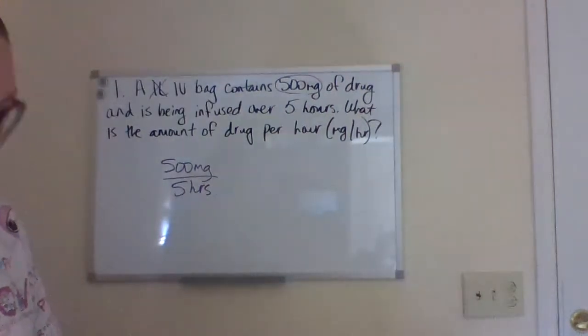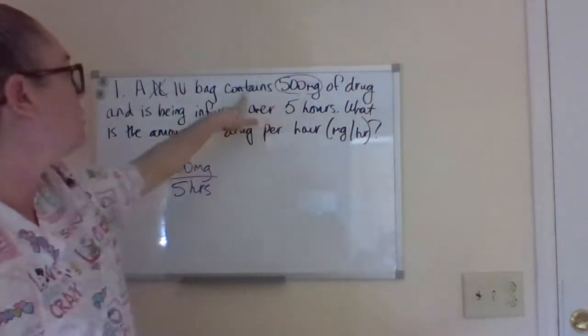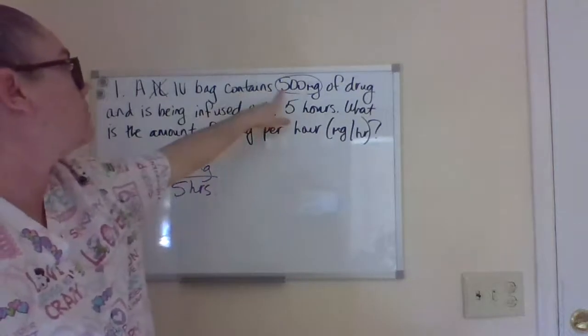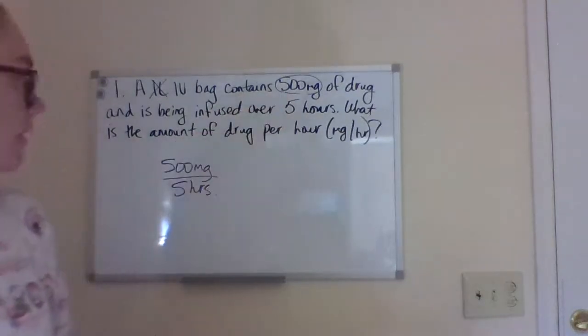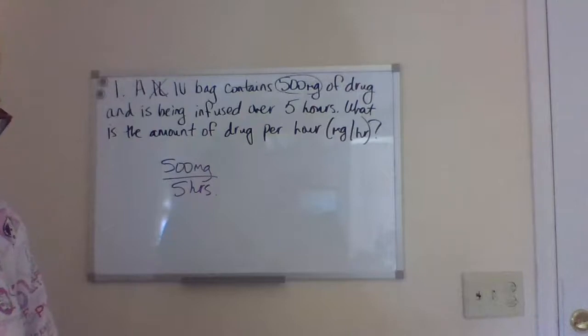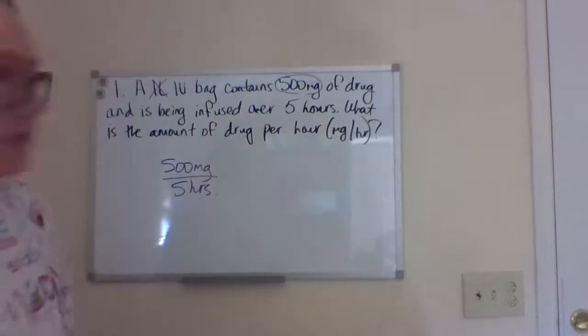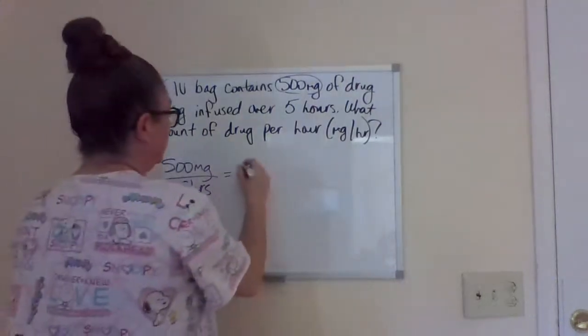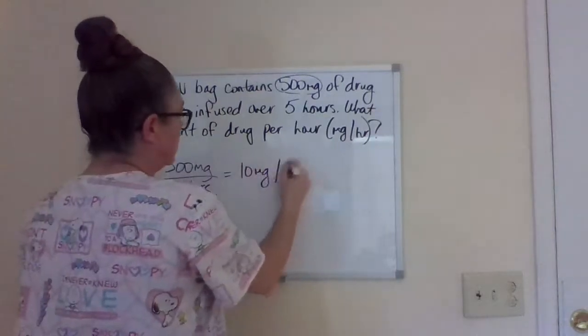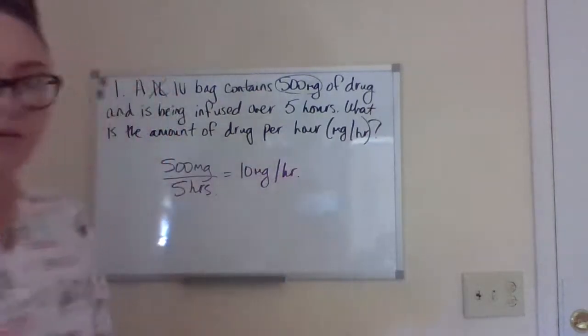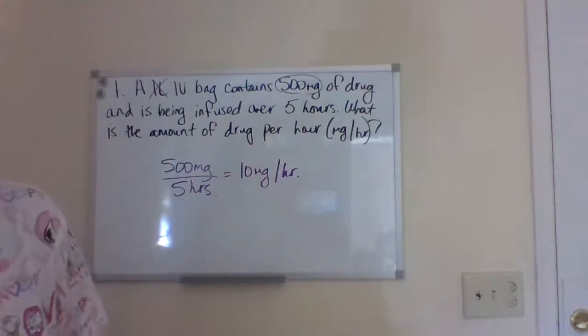So remember that when it says 500 milligrams of drug contains that amount, that is the total amount of drug in the entire bag. So the patient is getting 10 milligrams of drug per hour.